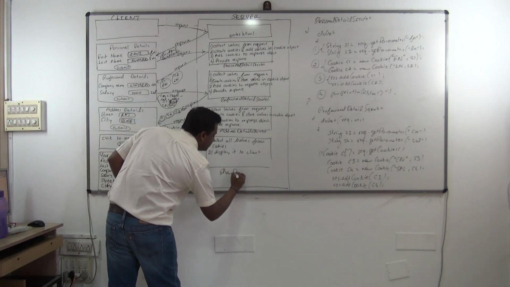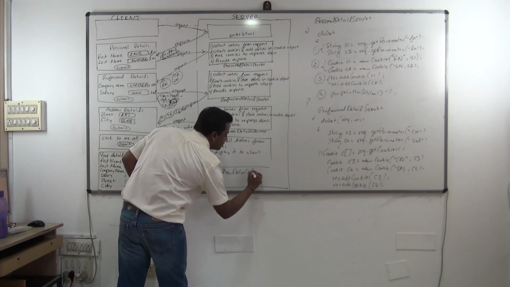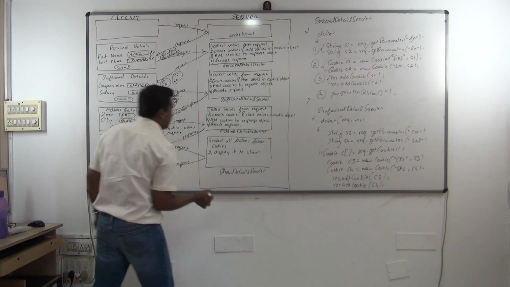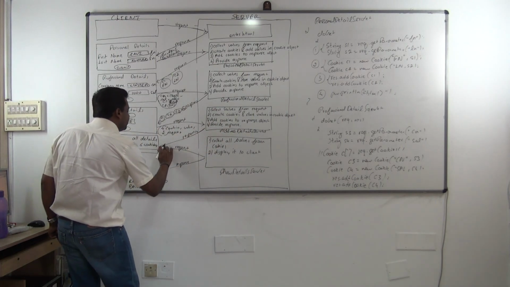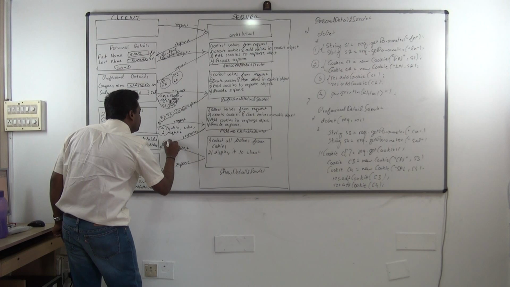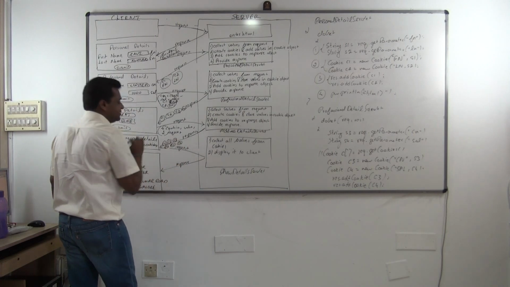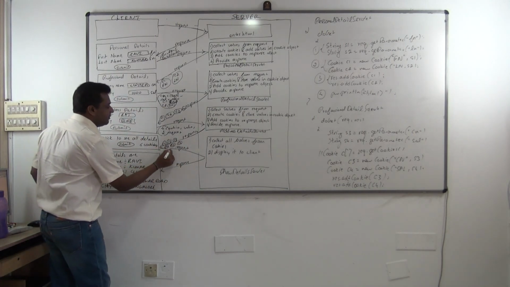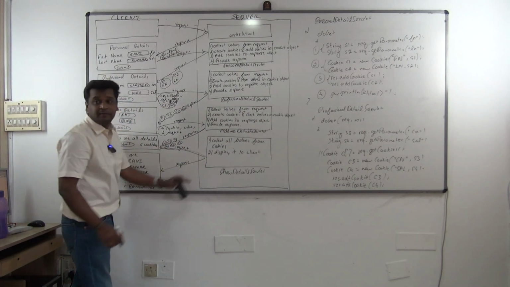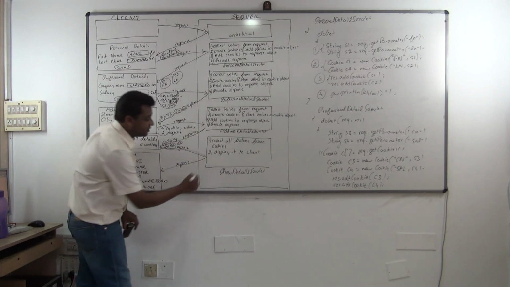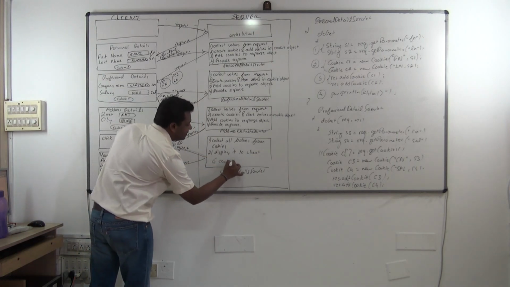This one is the show details servlet. So it will give back. How many cookies will it give back? C1, C2, C3, C4, C5, C6. 6 cookies. Now if you submit, all the 6 cookies will go.